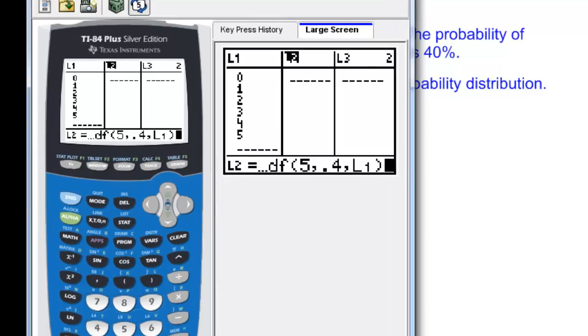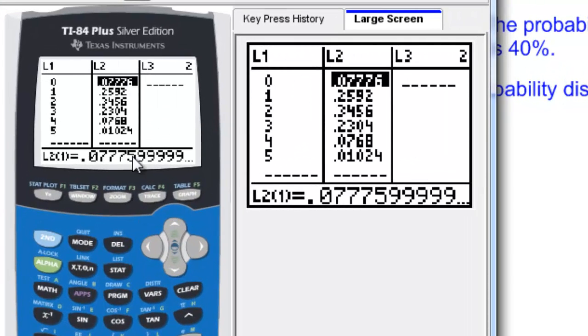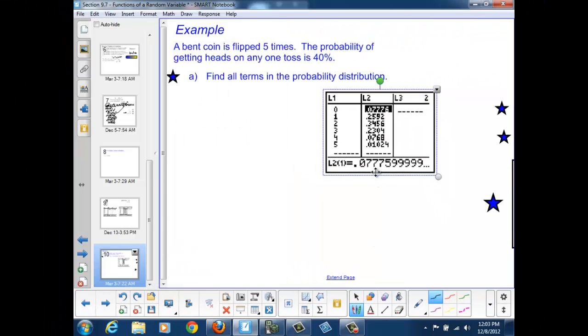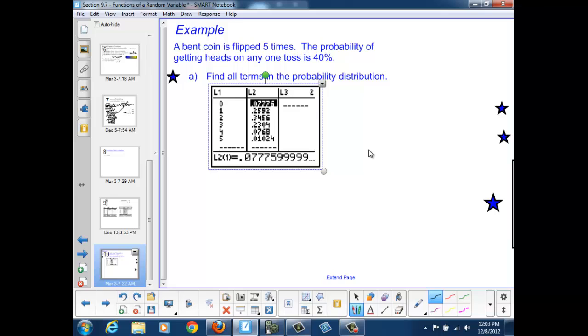And if I hit enter, each outcome has been calculated for me from 0 heads all the way down to 5 heads. So now I have all the terms of the probability distribution. Look at that. I've found all the terms in the probability distribution.